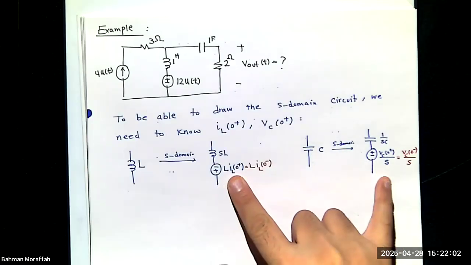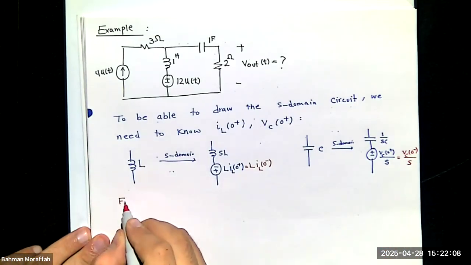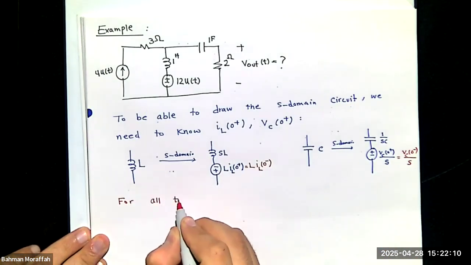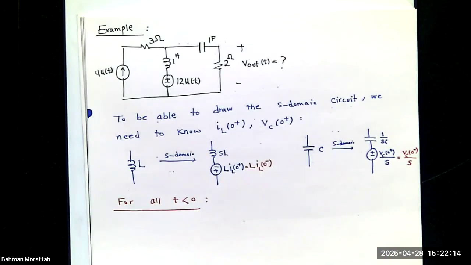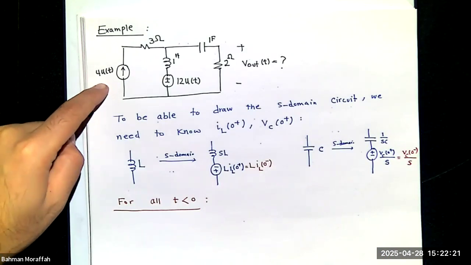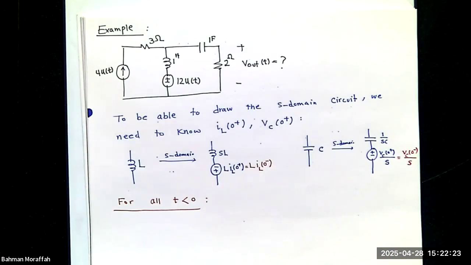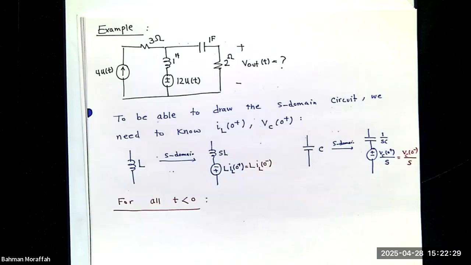To be able to find these two, we need to look at the circuit at time 0 negative. So for all times less than 0, what does my circuit look like? Well, look at the source. I have 4 times u of t. For negative time, u of t is 0. What is a current source with the value 0? It's an open circuit.